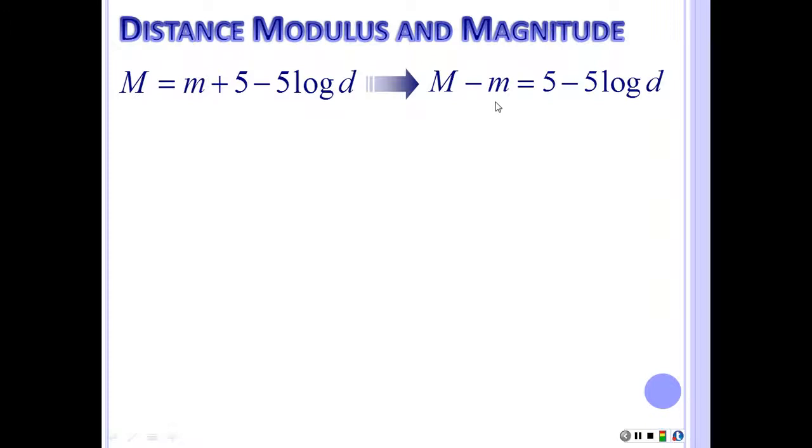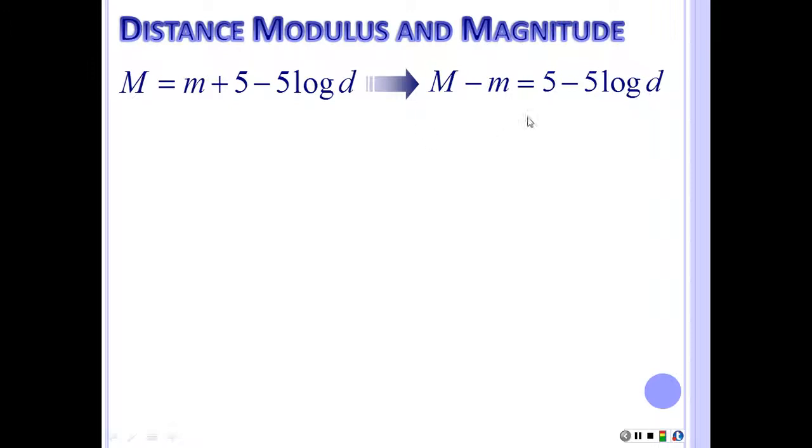Now, one of the things that's really important that we'll get onto very soon is that there are things called standard candles. That is, there's a way to measure the absolute brightness of something by some other behavior. And that means you can say, I know what its absolute brightness is. I can measure what its apparent brightness is, and so I can work out what its distance is.